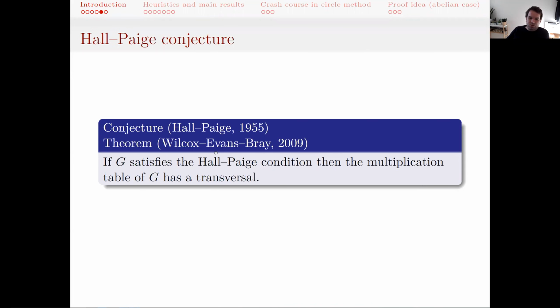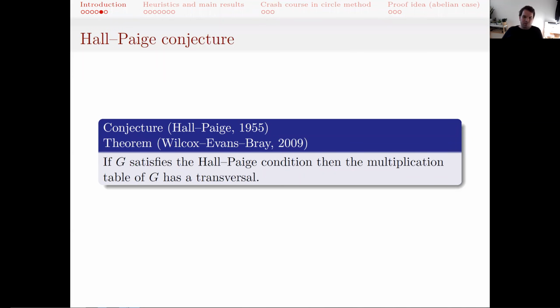And I should say this proof by Wilcox, Evans, and Bray is actually a culmination of a very long series of papers. So the first steps towards the proof were done already by Hall and Paige. And then there was a series of reductions. For example, at some point, it was proven that it is enough just to consider simple groups.